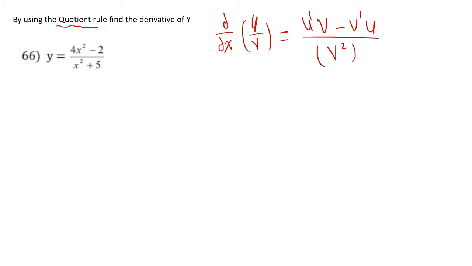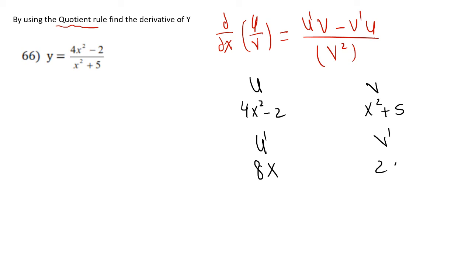So let's assume that u is equal to 4x squared minus 2, and v is equal to x squared plus 5. u prime, which is the derivative of 4x squared minus 8, is 8x. v prime is 2x. Now, let's apply the rule.